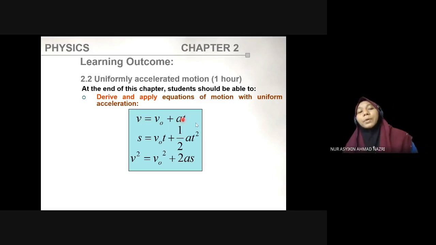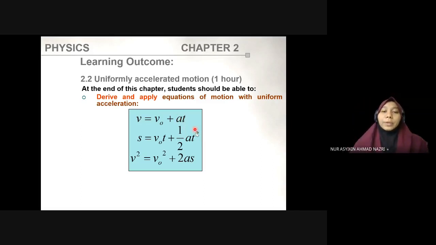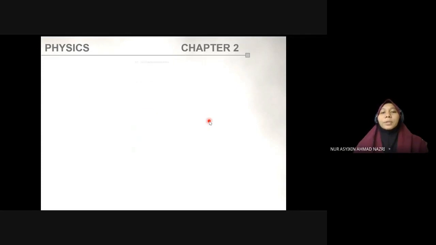Today we are going to see how we derive these three equations, and maybe you can have four or five equations from the expression or from the definition of velocity and displacement itself.